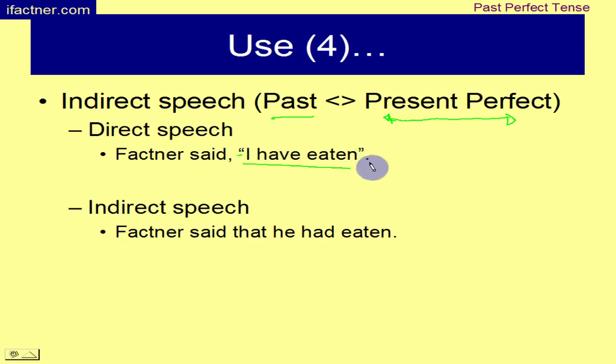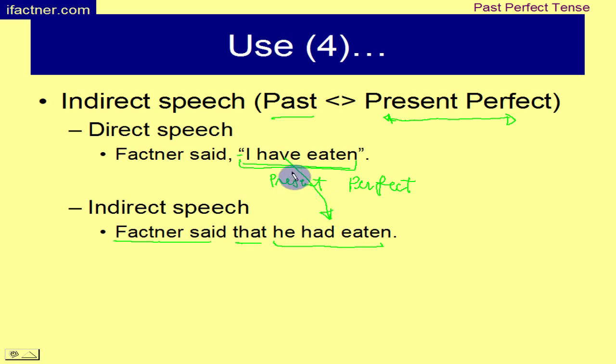Now this direct speech is in present perfect tense, and when we represent it in the indirect speech, then it would change into past perfect tense. Example, Fechner said that he had eaten.